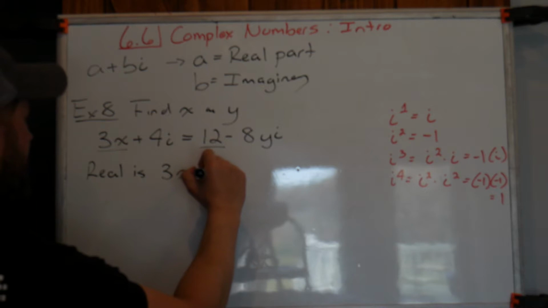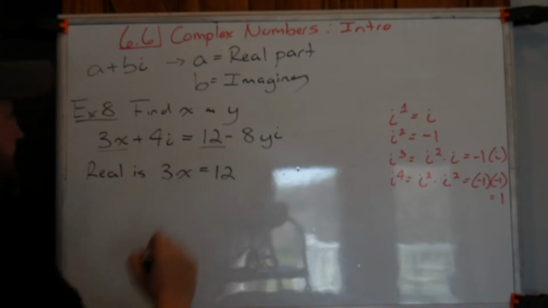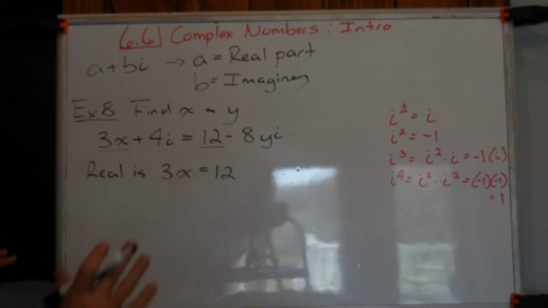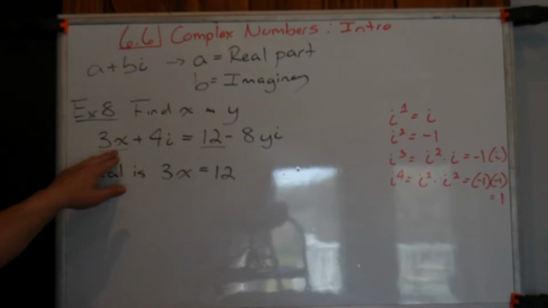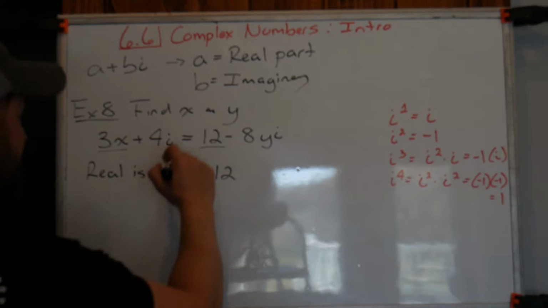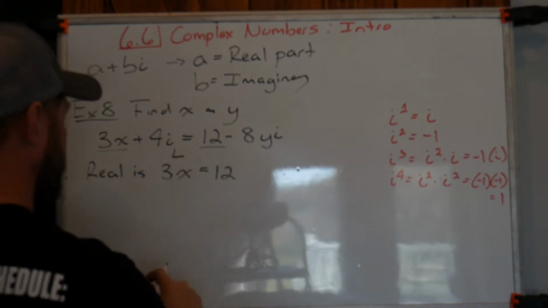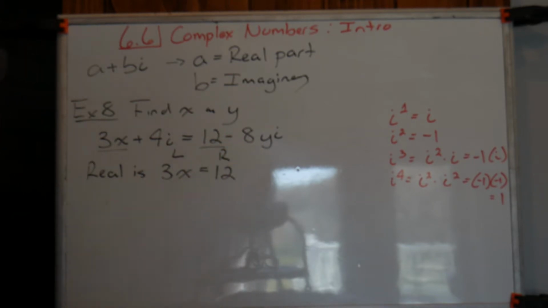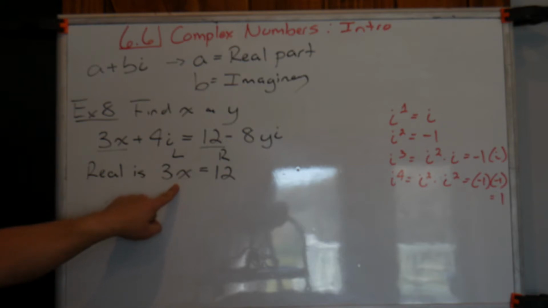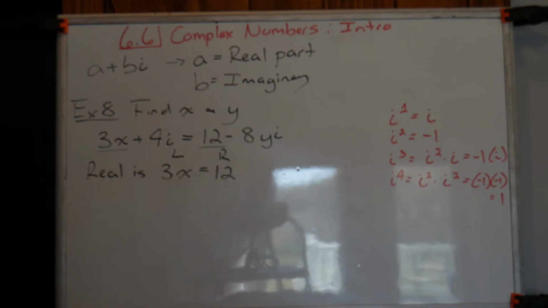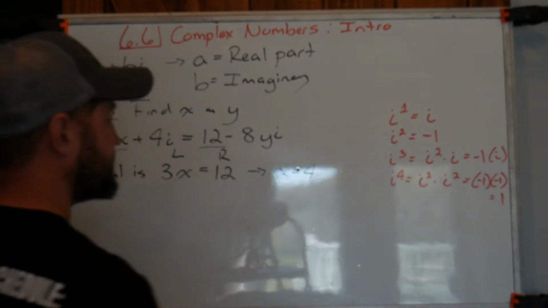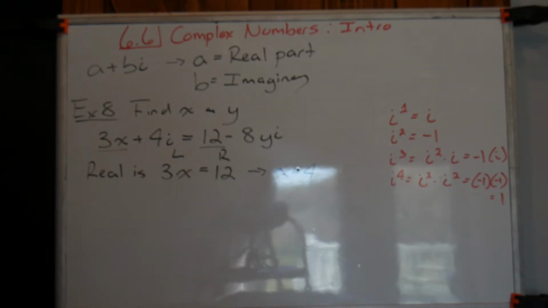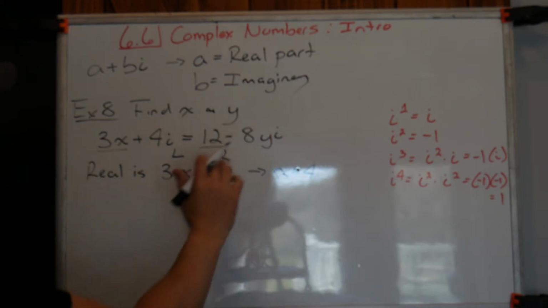So the real part means 3x equals 12. Here's my real on the left, 3x. The real on the right is 12. When I solve that, x equals 4. I'm done. I solved x. That's how I did it. I ignored the rest of it.